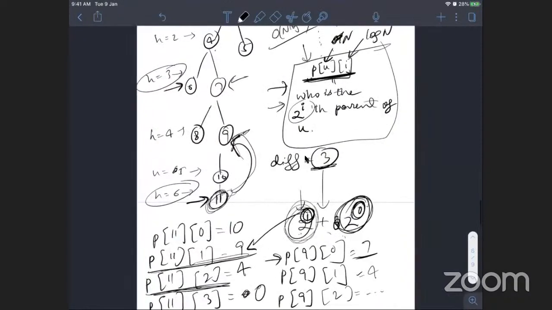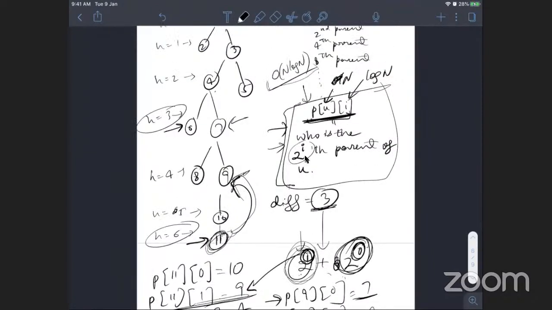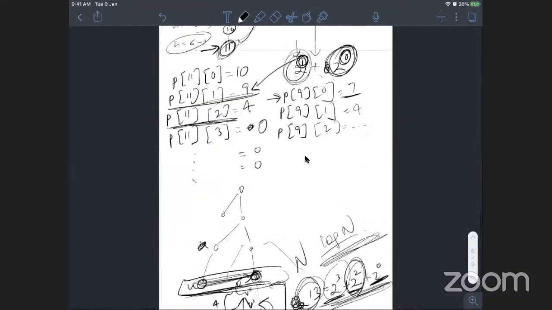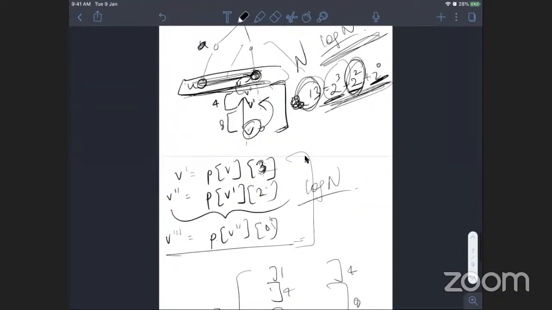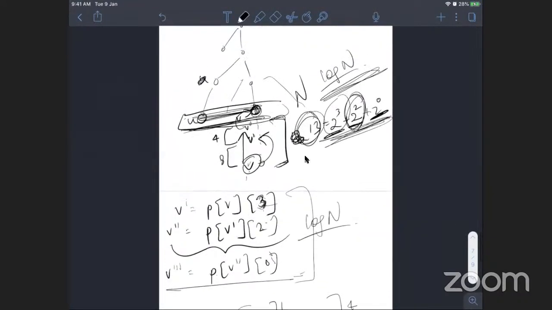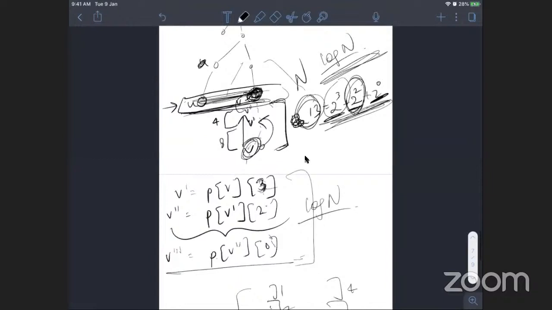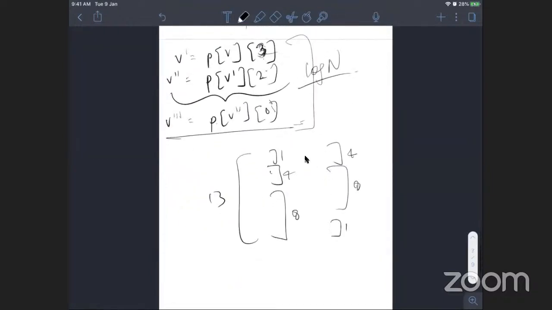You haven't stored all the parents, like the first parent, the second parent, and so on of U. You've only stored powers of 2 because you don't want to waste a lot of time computing this also. So you can't jump directly to that same level. Even though you know you have to go to that level, you don't know who is V's ancestor in that level. There is only one node in this level who is V's ancestor, but we don't know that node. So this is the way to find it.